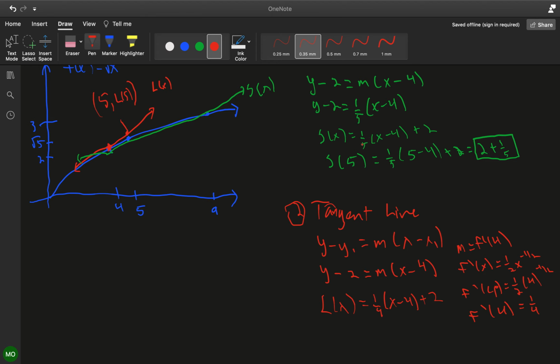The slope of our secant line is slightly less than the slope of our tangent line. So then this makes L of 5 equal 1/4 times 5 minus 4 plus 2, making L of 5 equal 2 plus 1/4.